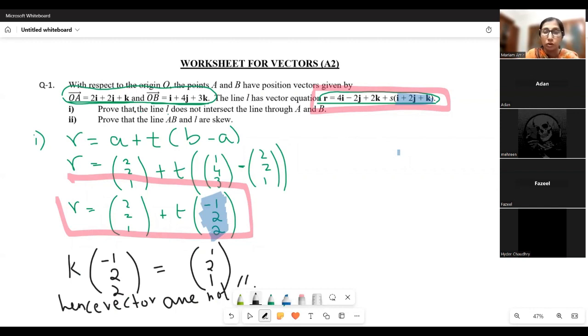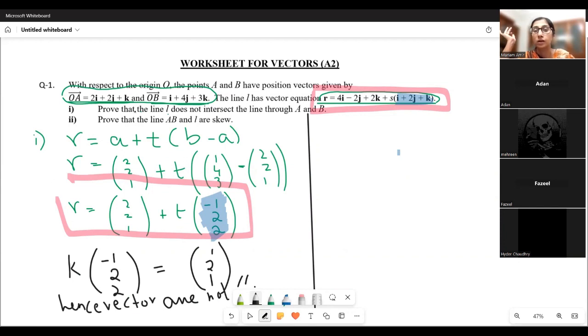Okay, now you have to show that the lines are skew, since they do not intersect. You have three options only: if they're parallel, if they intersect, or if they're skew. Skew means neither parallel nor intersecting. So what we'll do now is we will try to solve these two simultaneously.